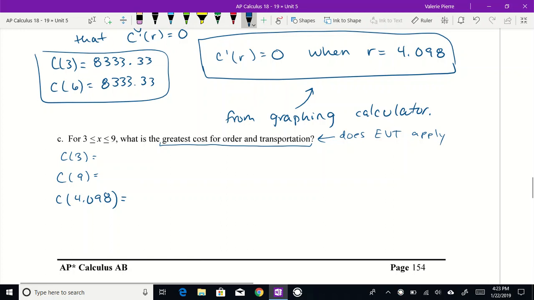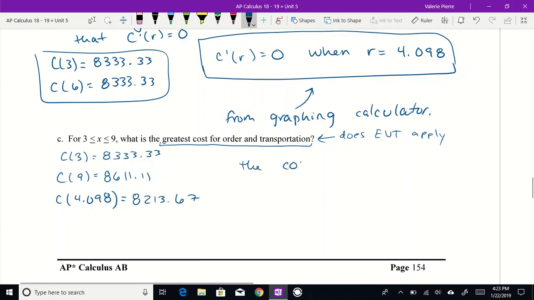So at C of 3, we know our value is 8,333.33. C of 9, just plug it into a calculator, we get 8,611.11. And C of 4.098, we get that our value is equal to 8,213.67.